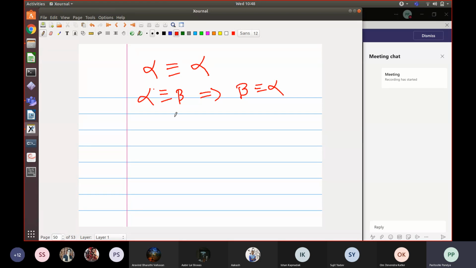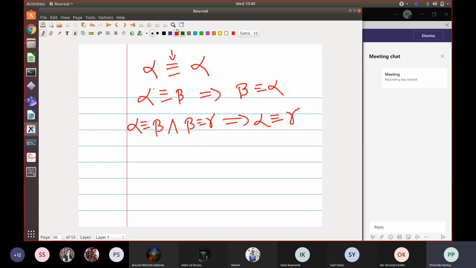Third property: if alpha is equivalent to beta and beta is equivalent to gamma, then alpha is equivalent to gamma, right? So these simple rules which we take for granted in arithmetic also hold for regular expressions.